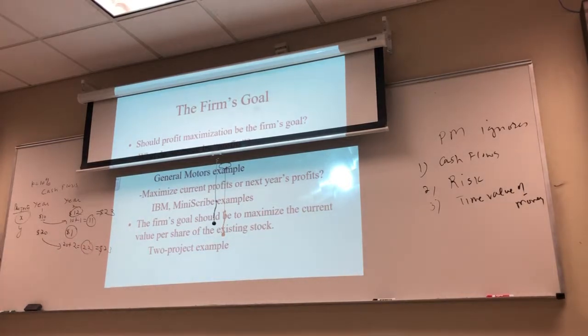So what should your decision be now? Both are worth the same, so it means you're indifferent. X or Y, they will equally enhance value. This is time value of money, or time value of money adjustments. So profit maximization ignores the time value of money.